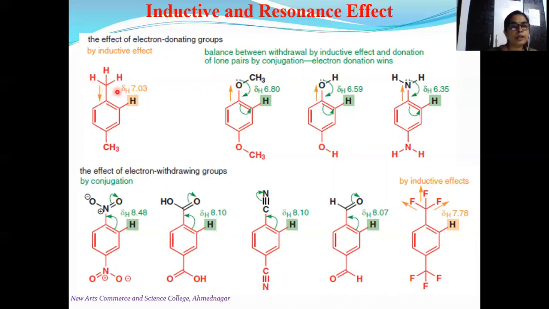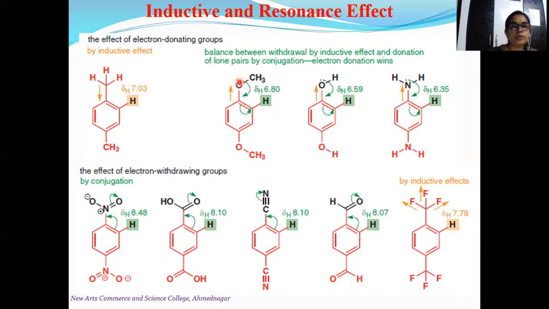Now let us compare this example with these three examples where the substituents are methoxy, hydroxy, and amino group. Methoxy group will have electron withdrawing inductive effect and electron donating resonance effect on the aromatic protons.